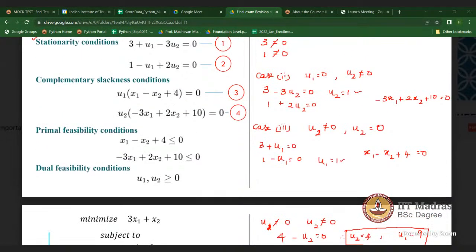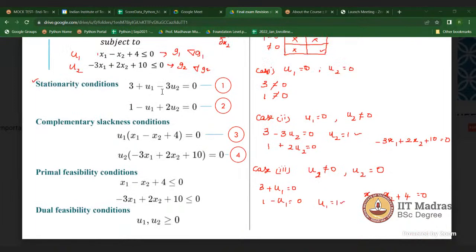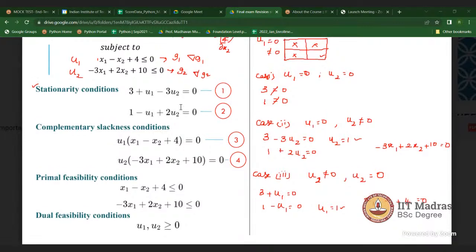If you just add these two equations, you get minus 3u1 plus 2u2 which is nothing but minus u2 plus 4 equals 0, which gives u2 equals 4. Then if you substitute u2 equals 4, you'll get minus 3, 4, 12.